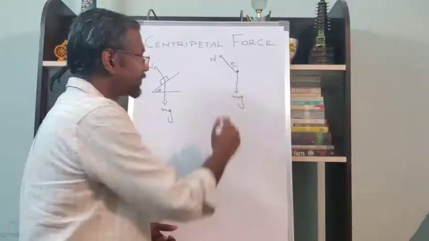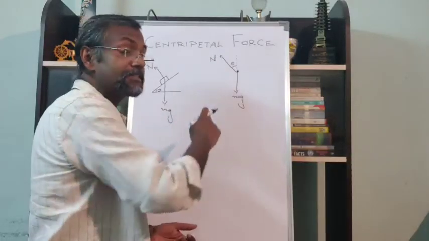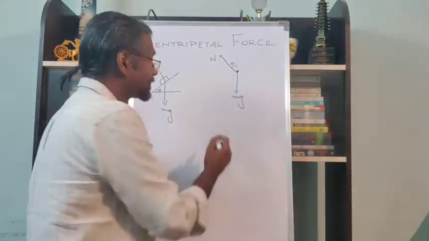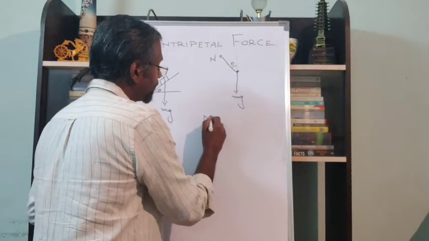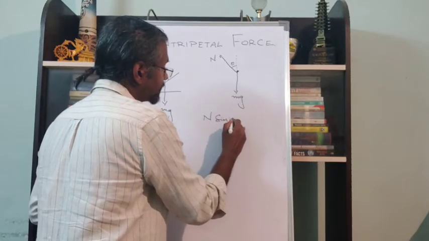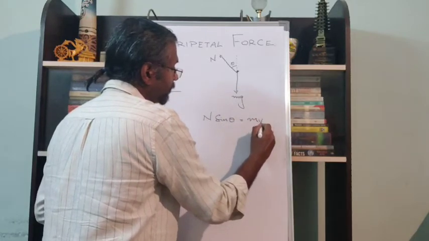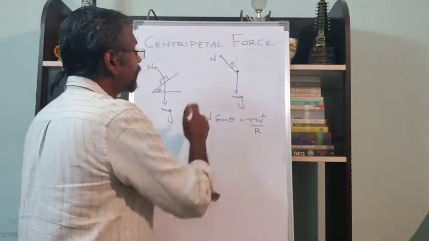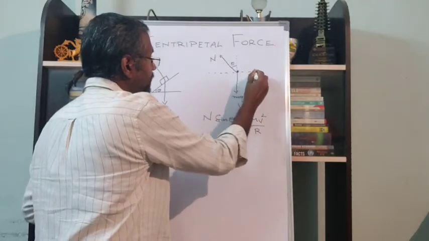horizontal component first, we'll see the normal force provides the centripetal force. That banking allows the normal force to provide the centripetal force, and we get N sin theta equal to mv squared by r. Right. So there's an acceleration happening in the horizontal direction, which is the centripetal acceleration.